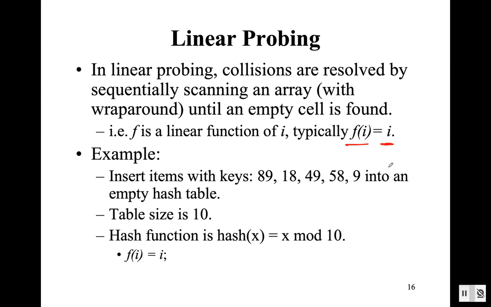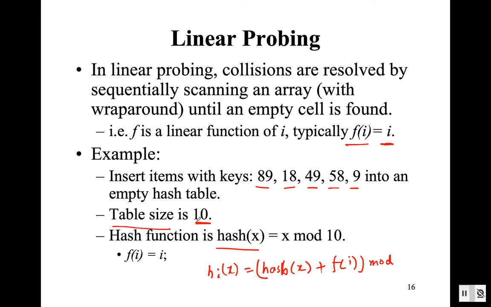Let's see how this is going to resolve the collision. Let's insert the items 89, 18, 49, 58, 9 into an empty hash table, and the table size is 10. The usual hash function is x mod 10 and f of i is i. So for linear probing, our hash function will be h of x, which is x mod 10, plus f of i, mod the table size, which is 10.